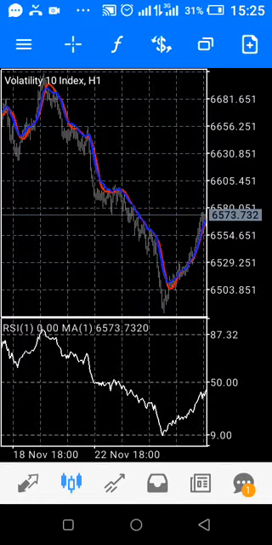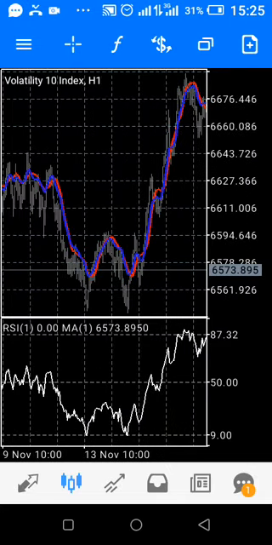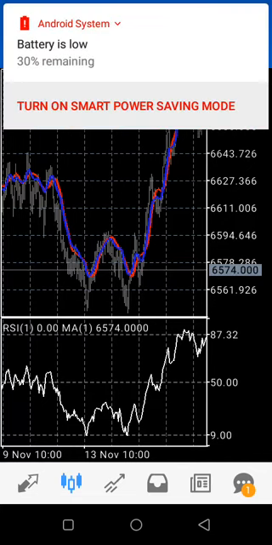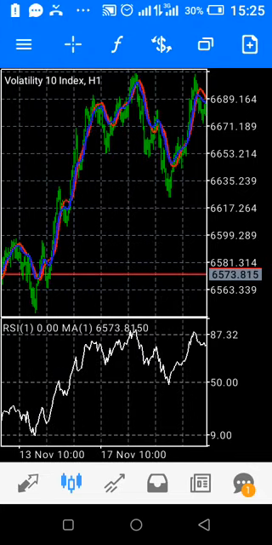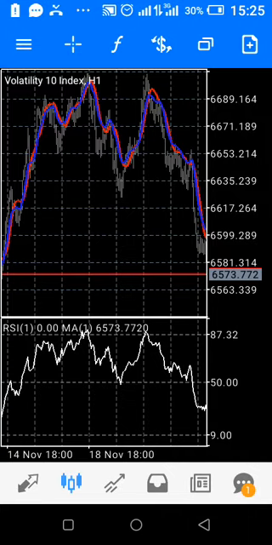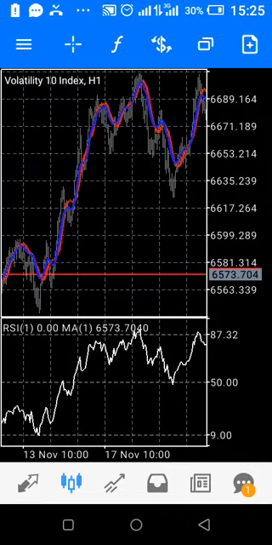So now, how does this indicator work? For swing traders and long traders, when you see that your moving average on the RSI is at the overbought or oversold level, your overbought is the level of 87.32, while your oversold is the level of 9. When your moving average is at the overbought level, you prepare to sell.